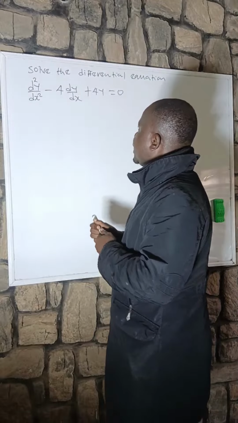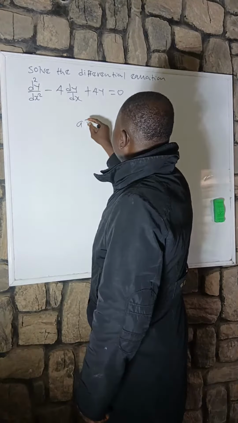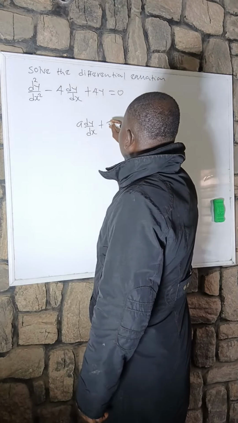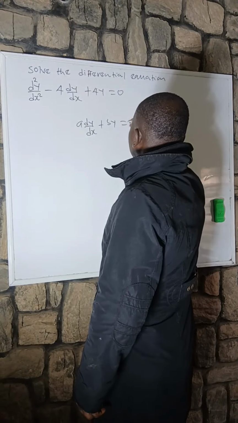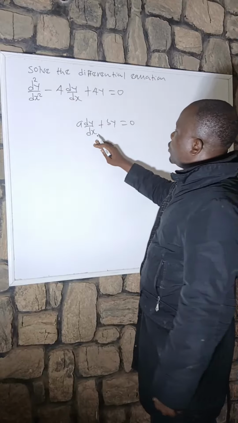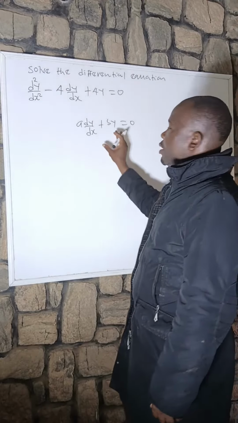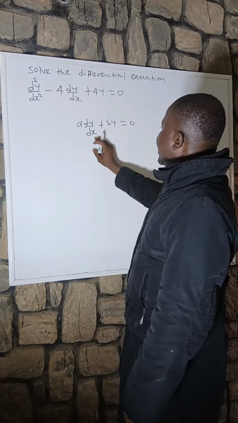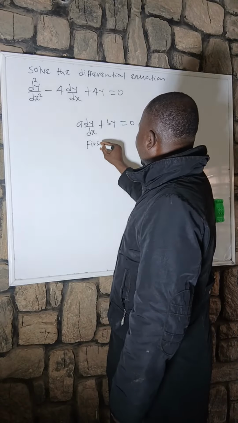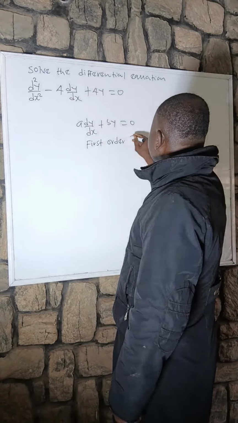So, assuming we have a dy over dx plus by equals 0, and somebody asks you what is the name of this differential equation, the name is first order DE.